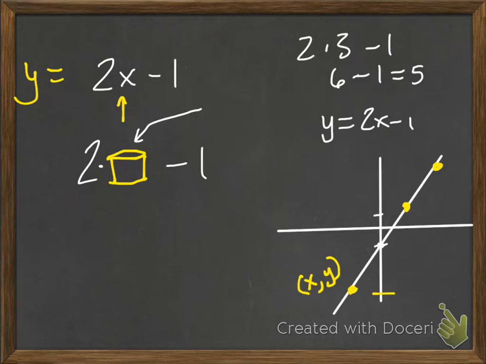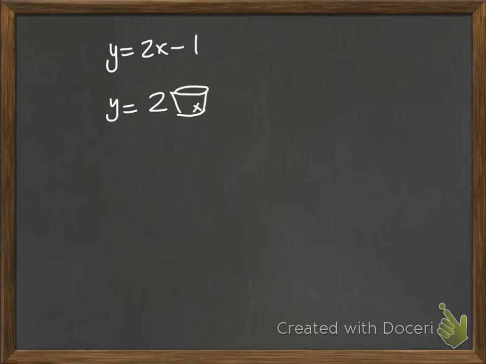So if I have y equals 2x minus 1, I'm going to draw it as a bucket because I like thinking of it as a container. It's my bucket, 2 times bucket minus 1. I could put literally anything in my bucket. I could put a 3 in my bucket. That would be 2 times 3 minus 1.